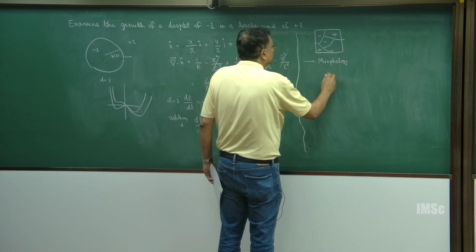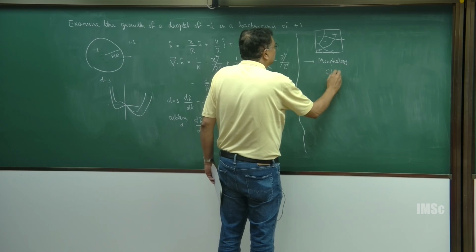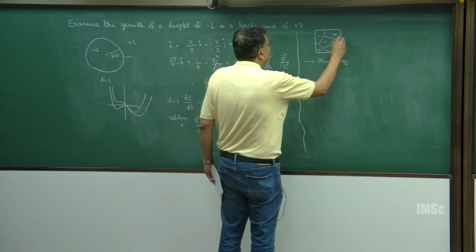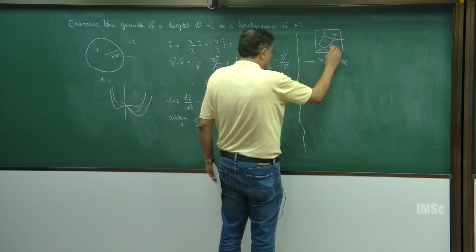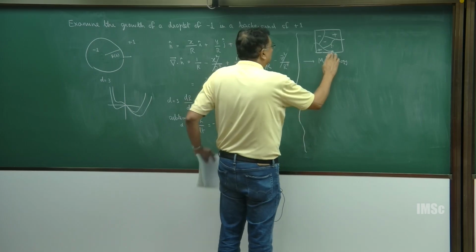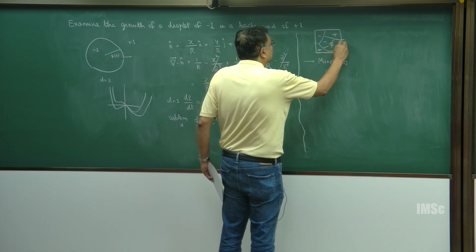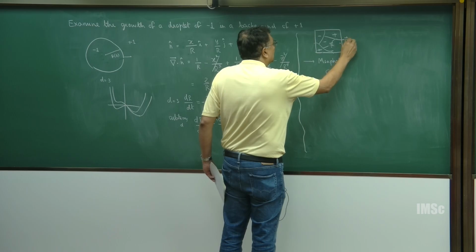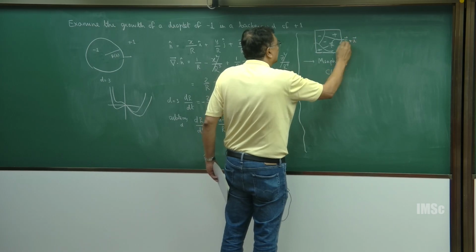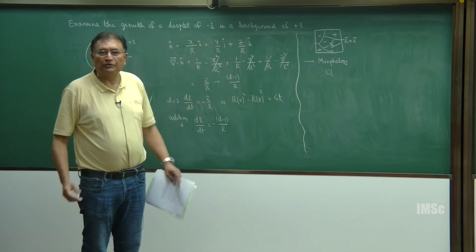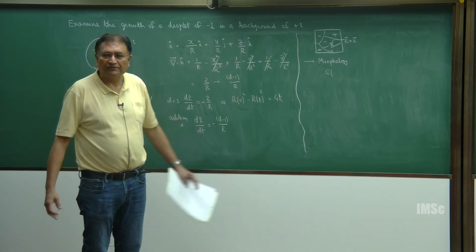For this, people use what's called the correlation function, which I'm sure you've all encountered. If you take a point capital R and a point capital R plus small r, the correlation between those points is a measure of how the system is interacting with itself.